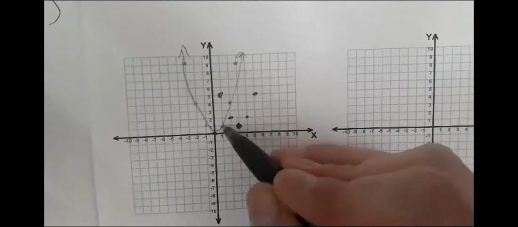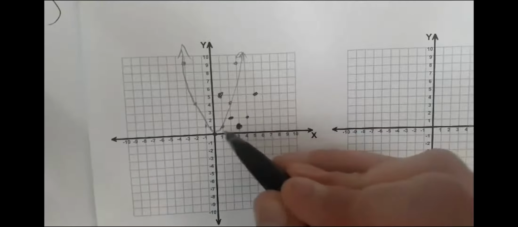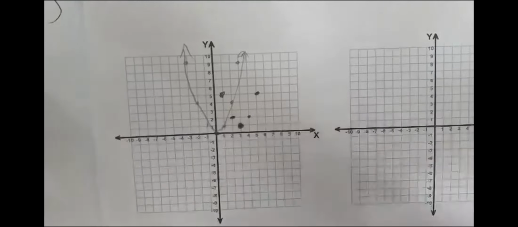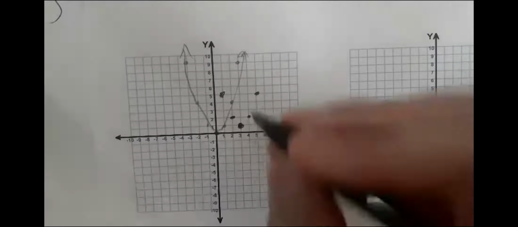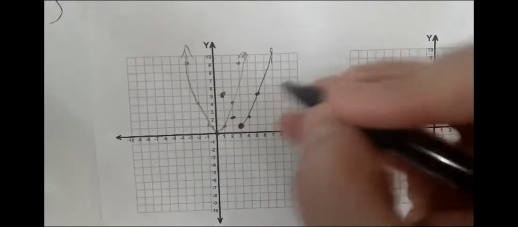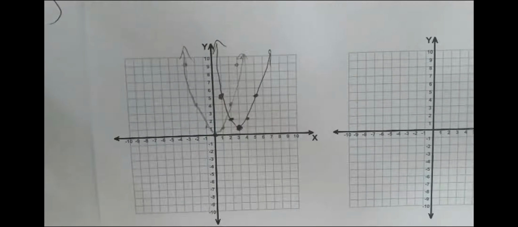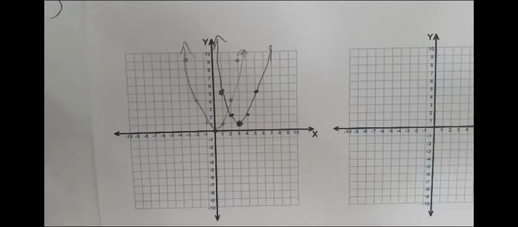If you go right 1, 2, 3 and up 1, that point moves to there. There are a few ways you can get this, but the new one should hopefully have a vertex at 3, 1 now, and it's following this positive square pattern.